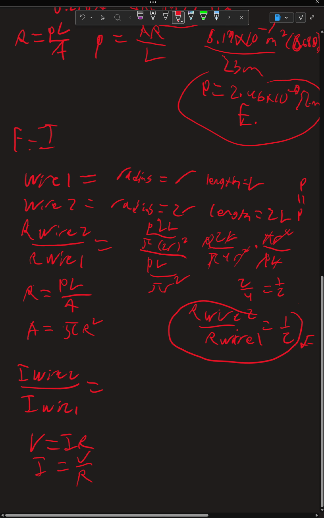The same metal, yes. V equals V. I don't know why I crossed it out, I said it right there. So the potential difference is the same.